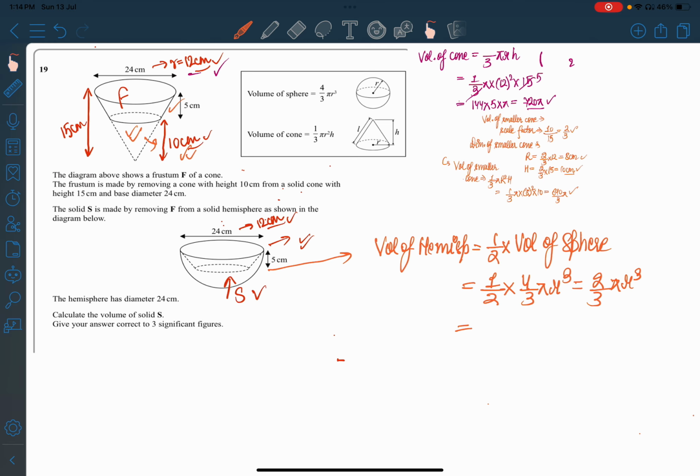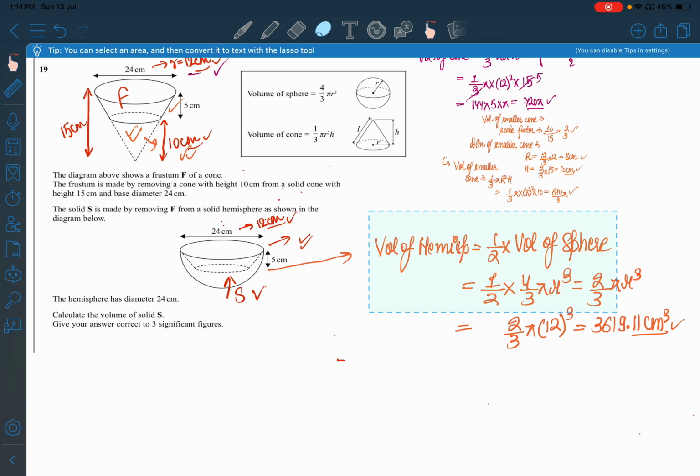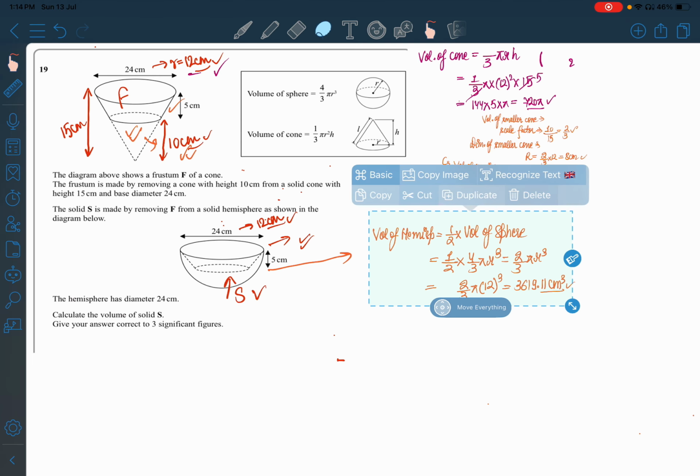Now the volume of this hemisphere is 2 by 3 pi, r is 12, so 12 cube. On solving this, we will get 3619.11 centimeter cube.